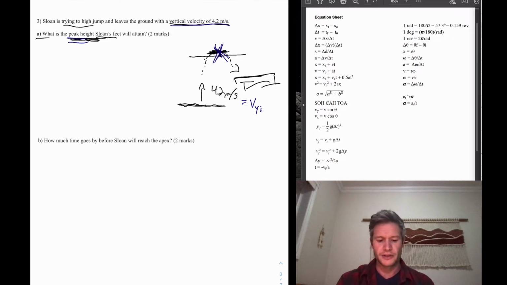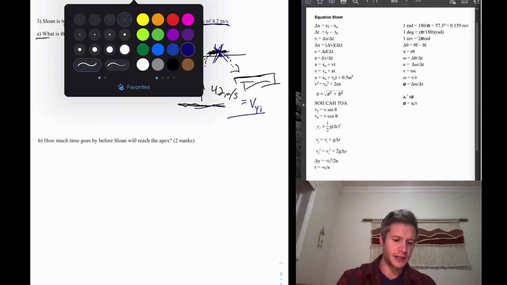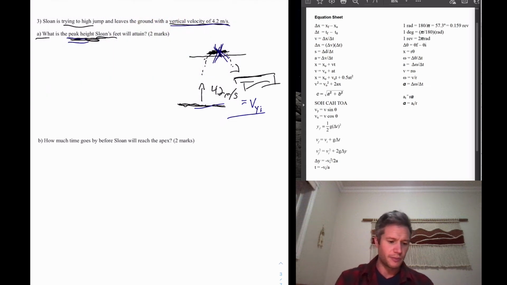Great. So again, we got all the information we need here. What we're going to do is mosey on over to our question again, and go to our equation sheet. So here we are at the equation sheet. Now, again, looking here, they're generally grouped together in various chapters in order.